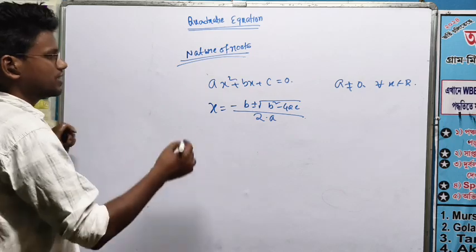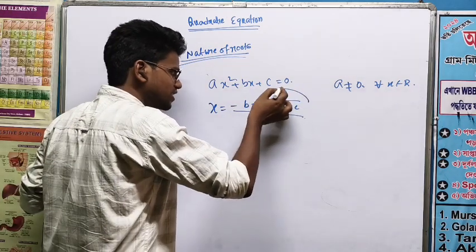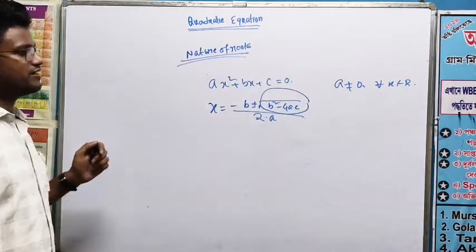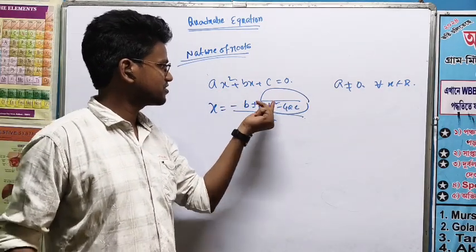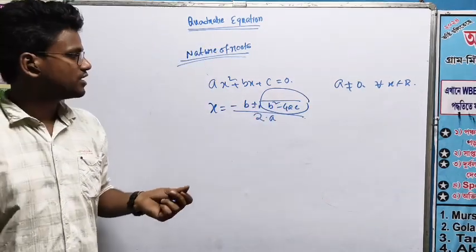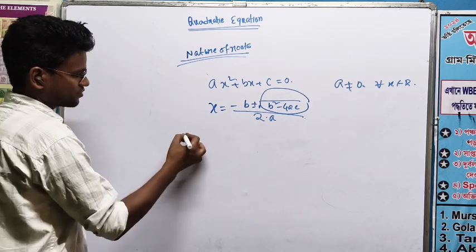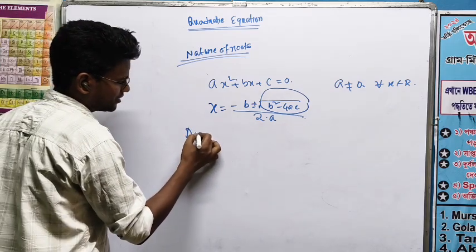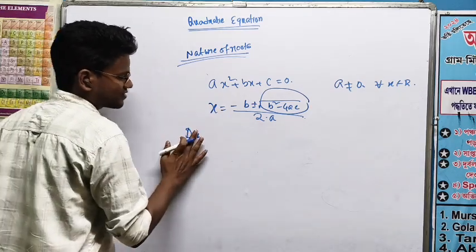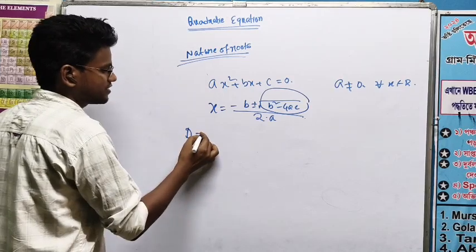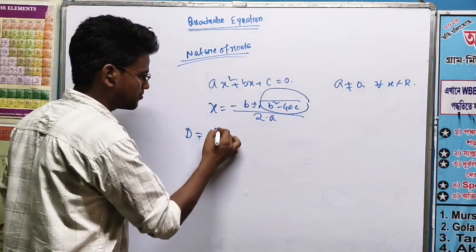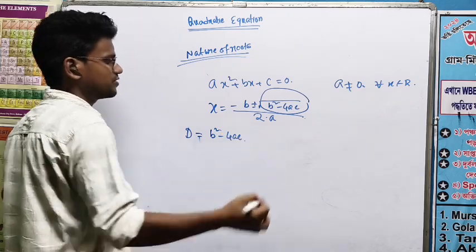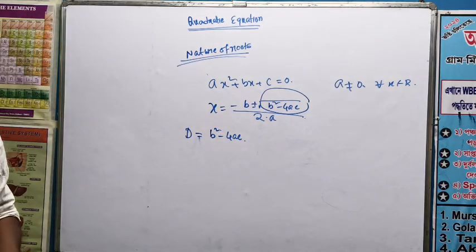That means the nature of the roots is totally dependent on the term b square minus 4ac, because this is the root over of b square minus 4ac. This term is called the discriminant. It is denoted by capital D, which is b square minus 4ac. Okay, so this is the main part.